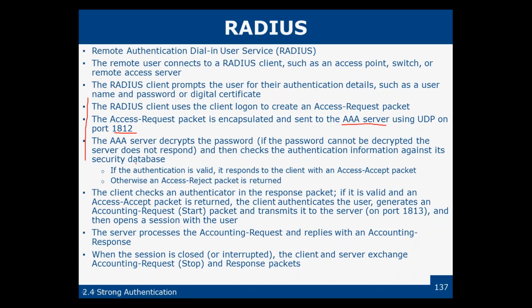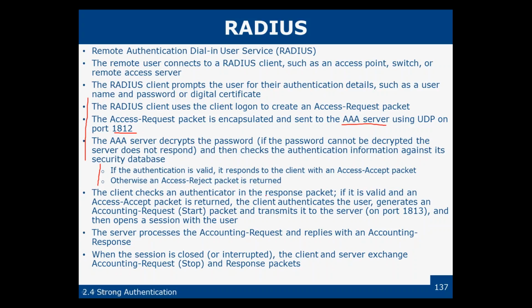Both of them have to trust that certificate. So if the authentication is valid, it responds to the client with an access accept packet, otherwise they get a reject. And if you're not getting logged on, this is a place where Wireshark comes in handy, so you can see what's working and what's not working.